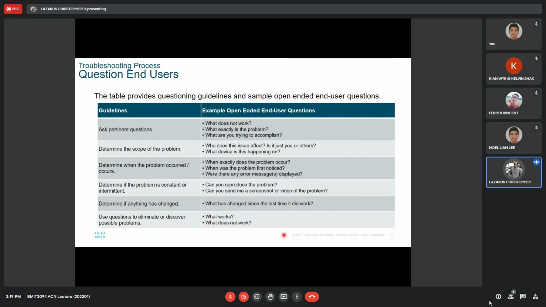So you have to become like a detective, using your questioning to eliminate or discover what the actual problem is. What works, what does not work. So this takes skills and knowledge to do effectively, knowing what questions to ask.